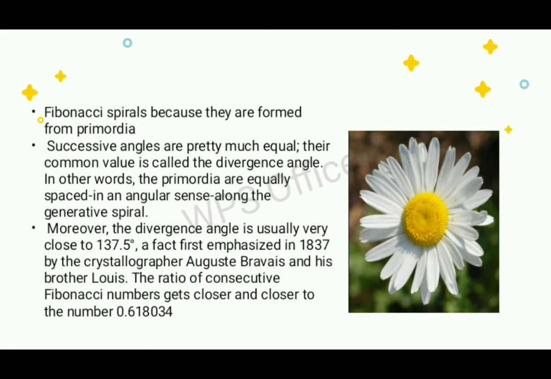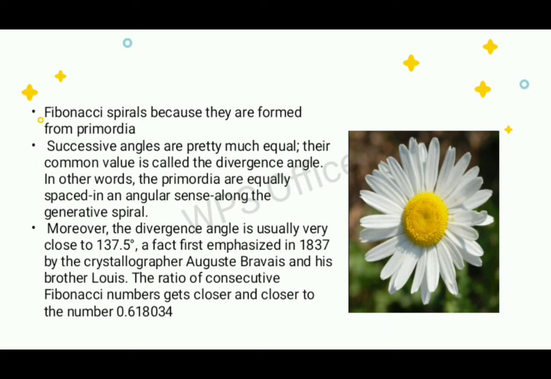The human eye picks out the Fibonacci spirals. Fibonacci spirals are formed from primordia that appear near each other in space, but it is the sequence in time that really matters. Successive primordia, successive angles are pretty much equal. Their common value is called the divergence angle.